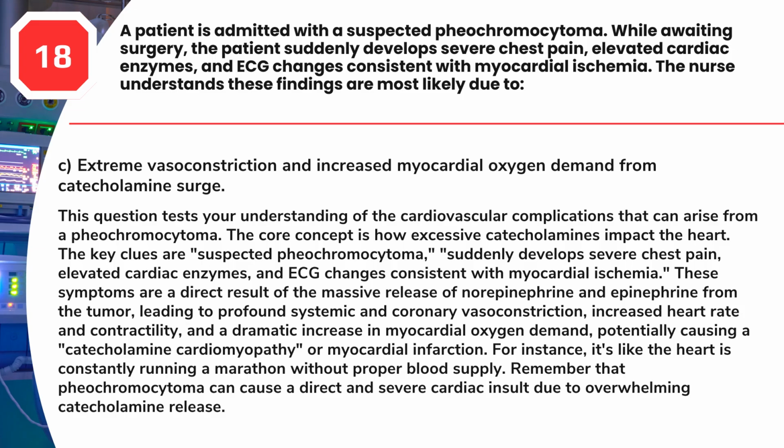These symptoms are a direct result of the massive release of norepinephrine and epinephrine from the tumor, leading to profound systemic and coronary vasoconstriction, increased heart rate and contractility, and a dramatic increase in myocardial oxygen demand, potentially causing a catecholamine cardiomyopathy or myocardial infarction. For instance, it's like the heart is constantly running a marathon without proper blood supply. Remember that pheochromocytoma can cause a direct and severe cardiac insult due to overwhelming catecholamine release.